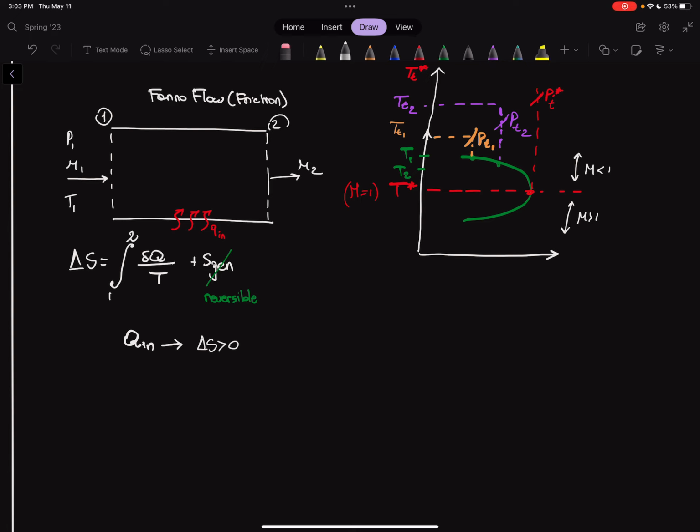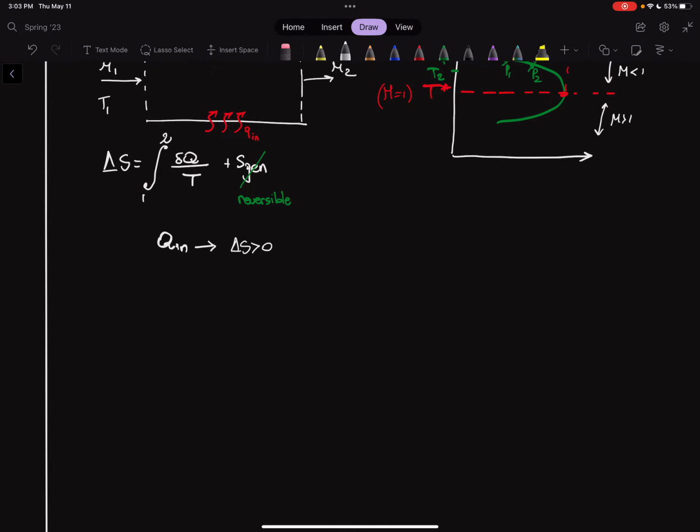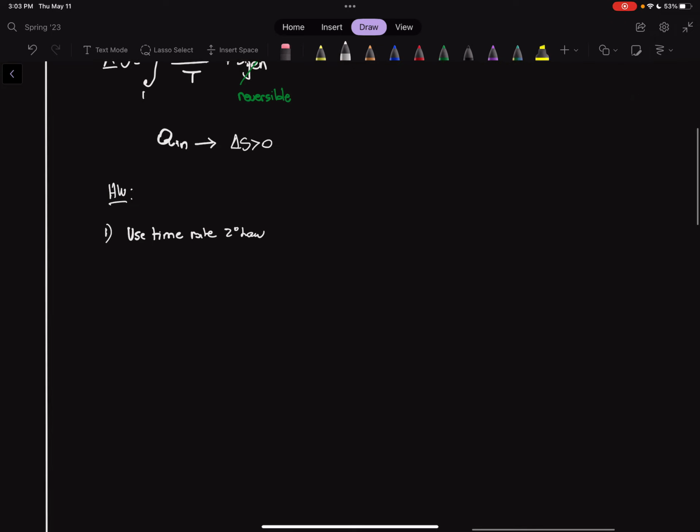And that's it. So to use that in the homework, first you have to use the time rate first law that says dE over dt. Time rate first law, yeah, sorry.